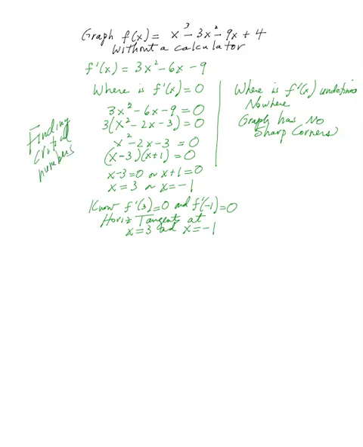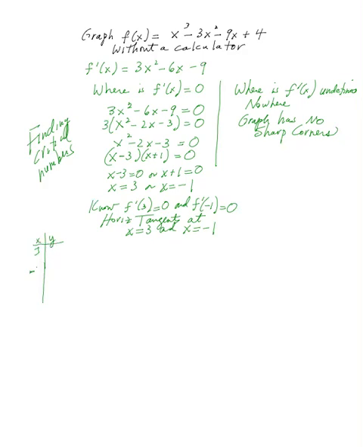Okay, the next thing I would do would be, let's see how high to plot these points. So we're not going to plot a lot of points. In fact, we're only going to plot our critical numbers and points of inflection. Let's put 3 into the equation, and negative 1 into the equation, and see what y's we get.